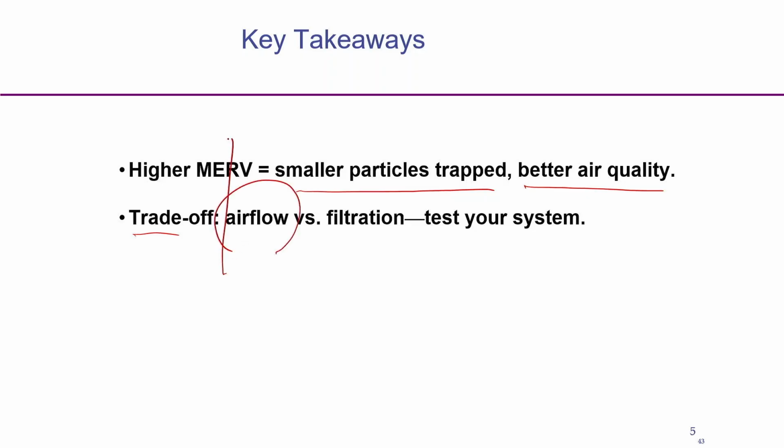If we need higher airflow, we have to sacrifice filtration efficiency. So we have to test our system to find which filtration efficiency is required and what type of airflow we need, and accordingly we decide the MERV rating.